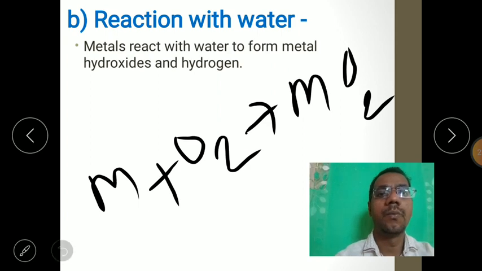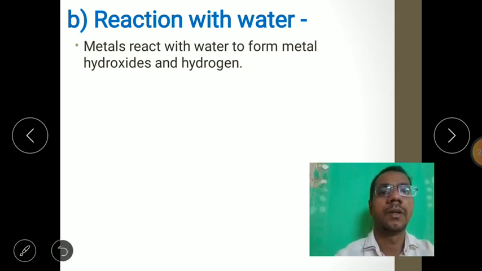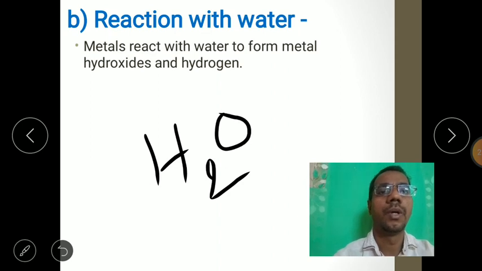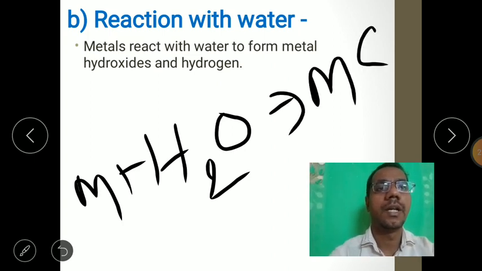But what happens when metals react with water? What is the formula for water? It is H2O. And here metal is there. So when they react with each other they form MOH.